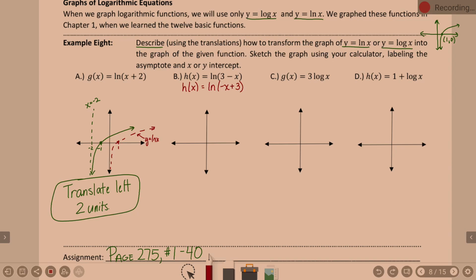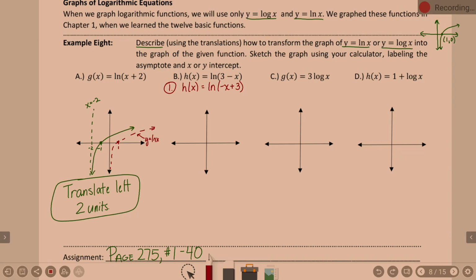I'm going to call this option 1, because there's going to be a second way that I could do this and still get the same graph. Inside versus outside the parentheses.